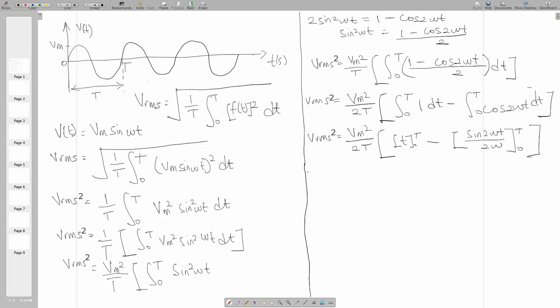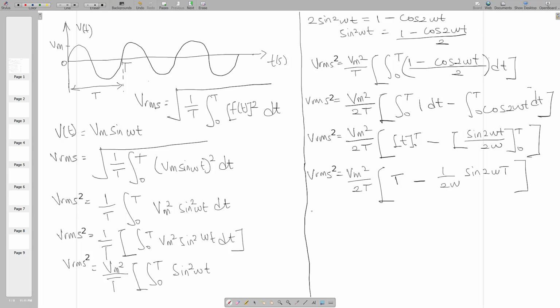So continuing, our VRMS will be equal to Vm squared on 2T. Here will give us T minus, I can bring 1 over 2 omega out, sine 2 omega, here will be T.